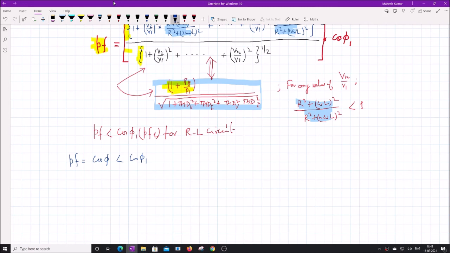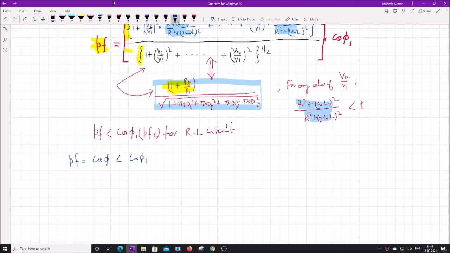I have been saying that when there are harmonics, the power factor reduces. We have proved it, but we have proved it for RL circuit. Is it always true that the overall power factor will be less than the fundamental power factor for the same power delivery?